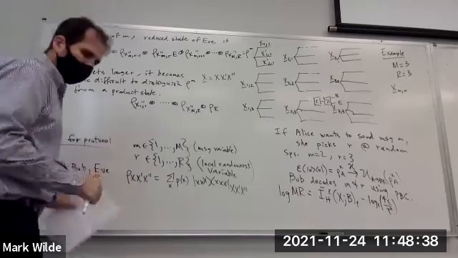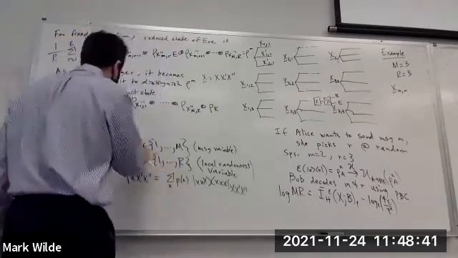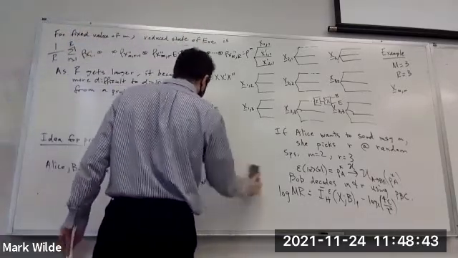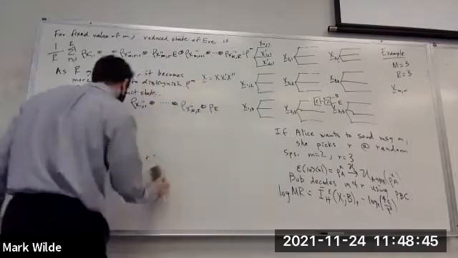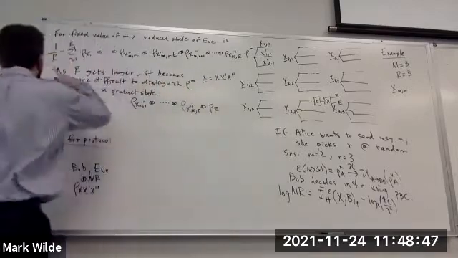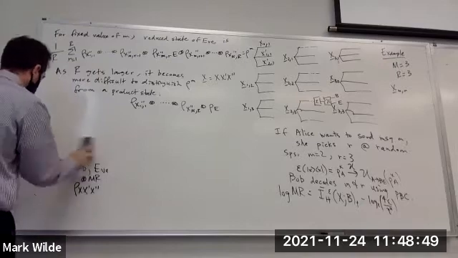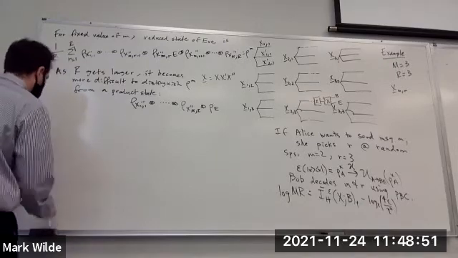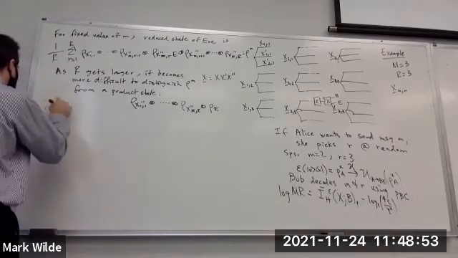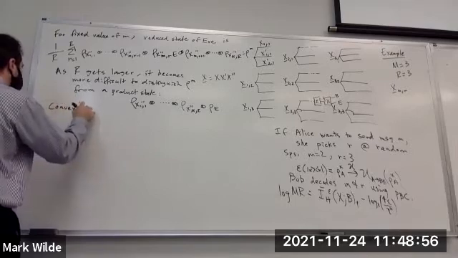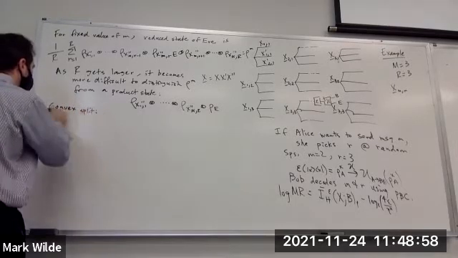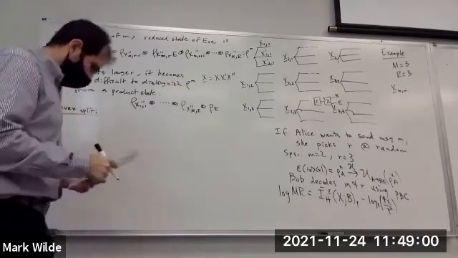And I want to give you a sense of why we can choose R to be a certain size. Okay, so let me state the claim. So this is the convex split lemma. What does it say?